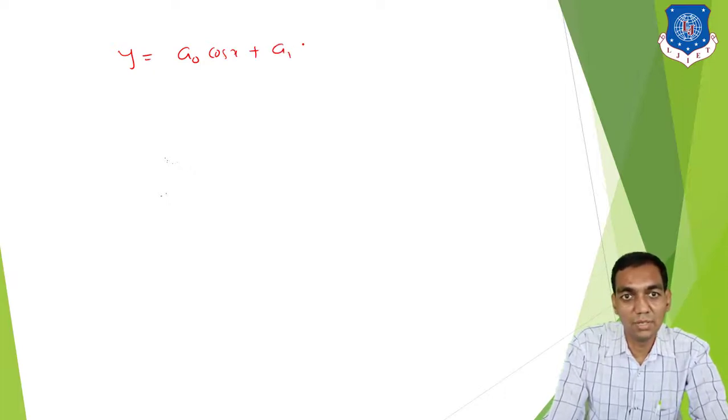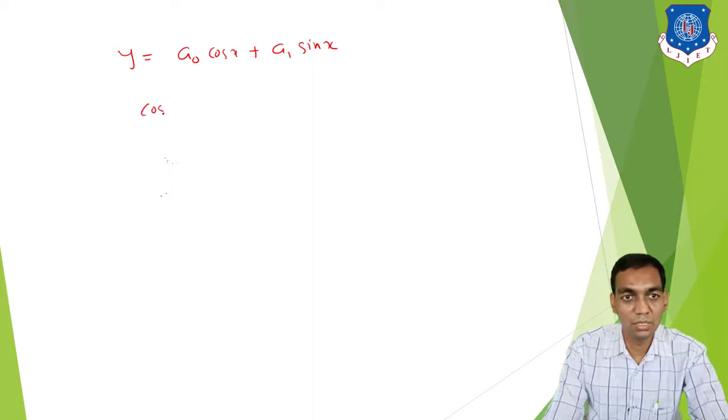So if you are going to put, then you will have a0 into cos x plus a1 into sin x, because if you remember, the cos x has a series 1 minus x square by 2 factorial plus x raised to 4 by 4 factorial minus x raised to 6 by 6 factorial and so on.